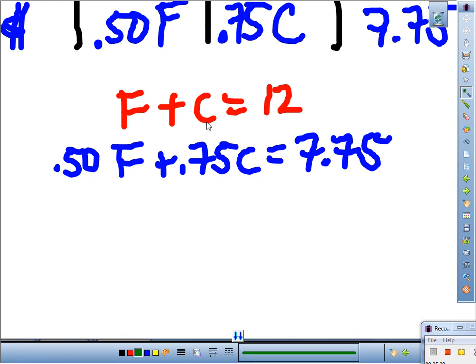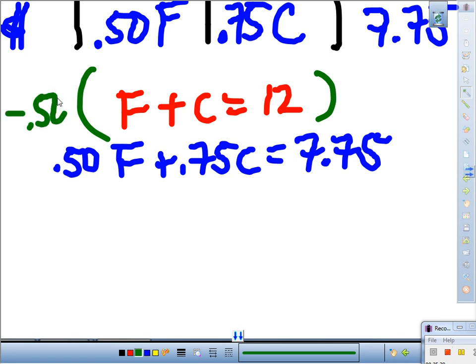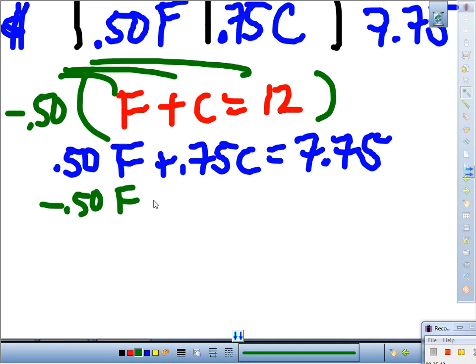F or C? F, which means we're going to multiply this one times what, everyone? Negative 0.50, distribute, so that's negative 0.50 F minus 0.50 C equals negative, what is half of 12? 6.